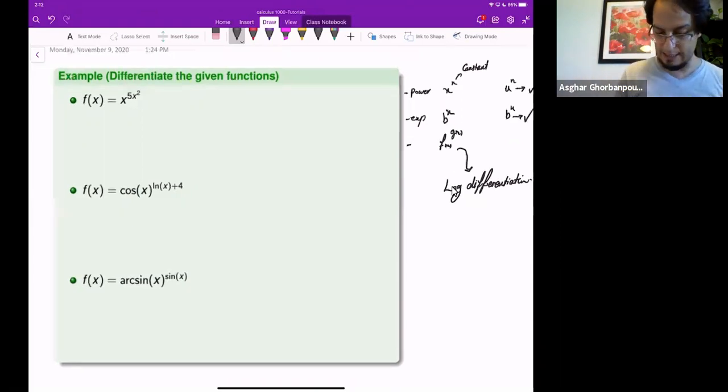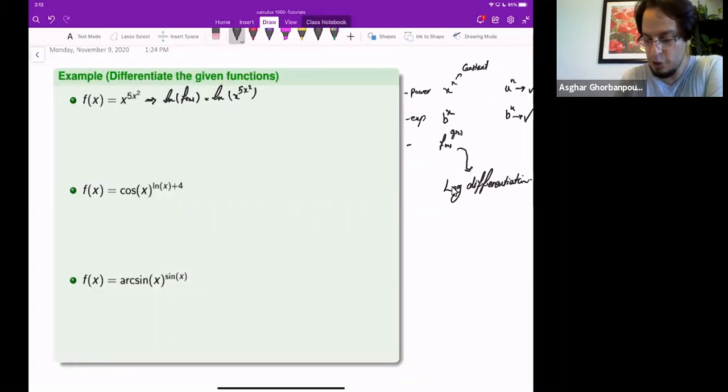Well, it works like this. You first find ln of both sides. And then use the properties of ln and simplify the right-hand side.